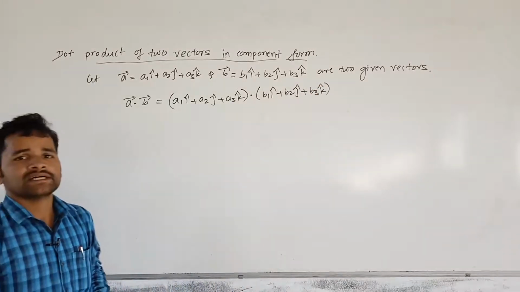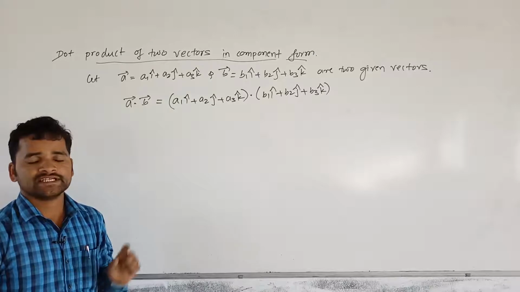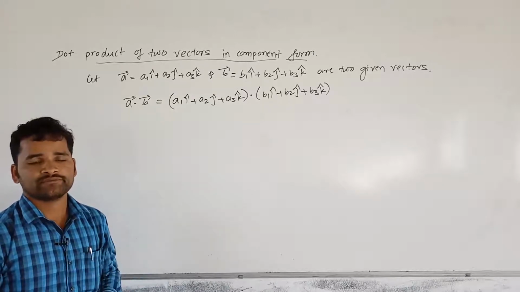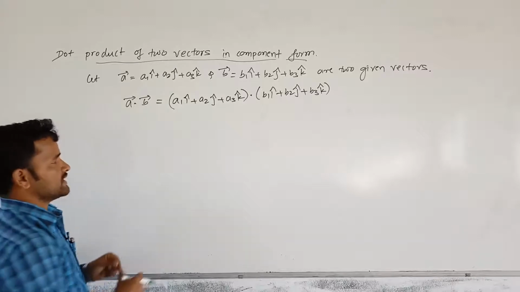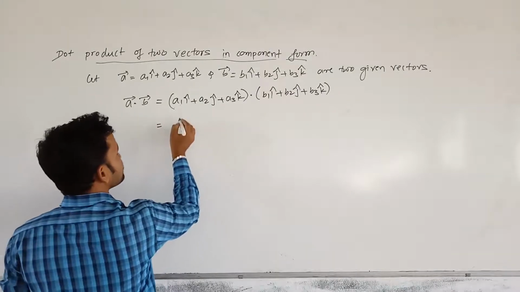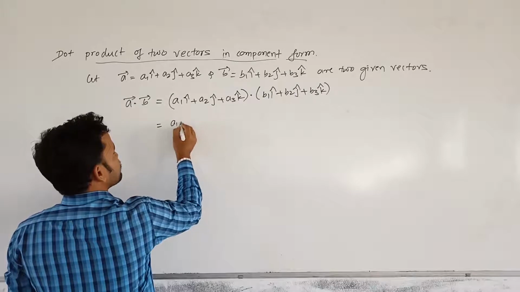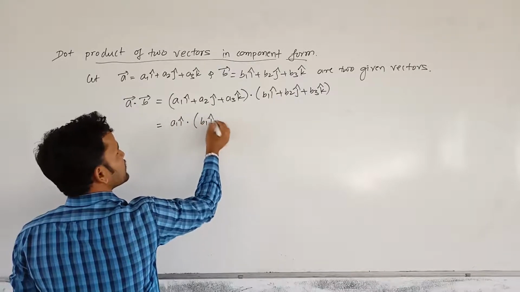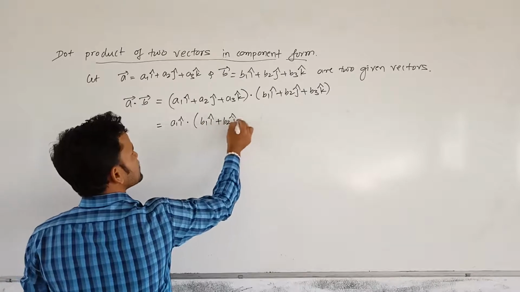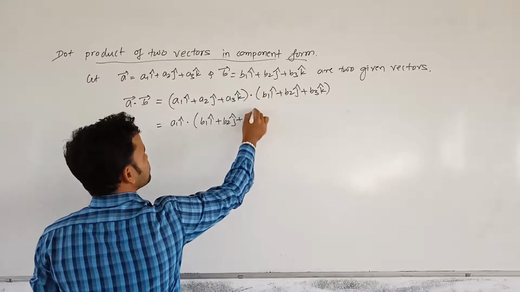We know that in the case of the dot product of two vectors, the distributive law is valid. As the distributive law is valid, we will write here A1i in dot product with B1i plus B2j plus B3k.